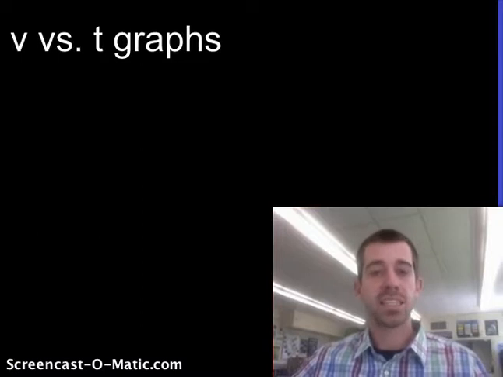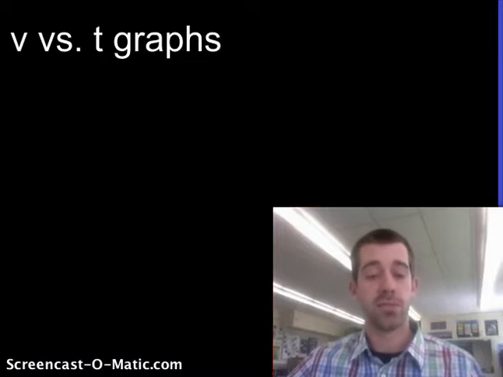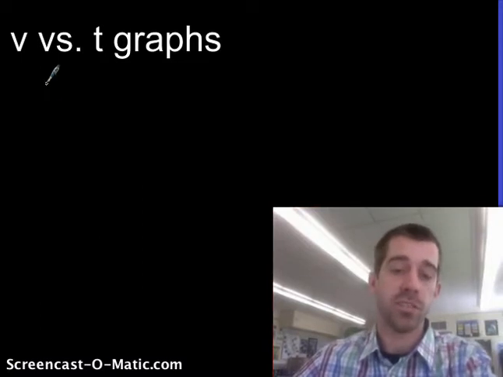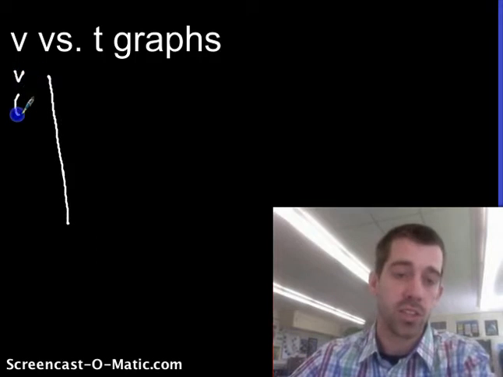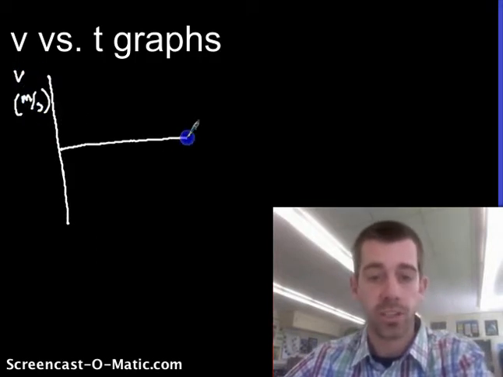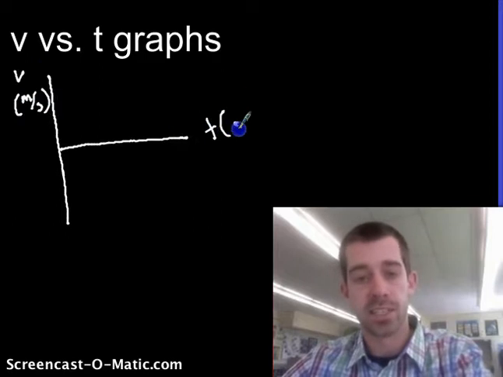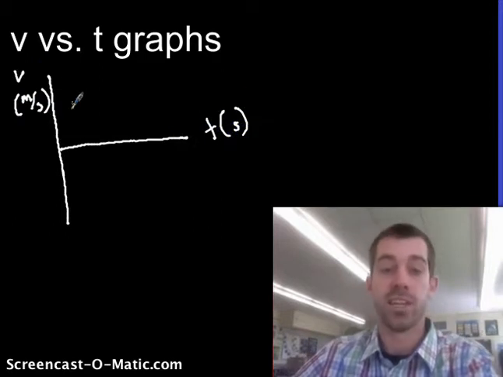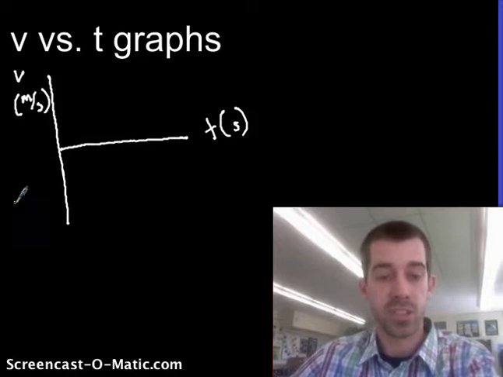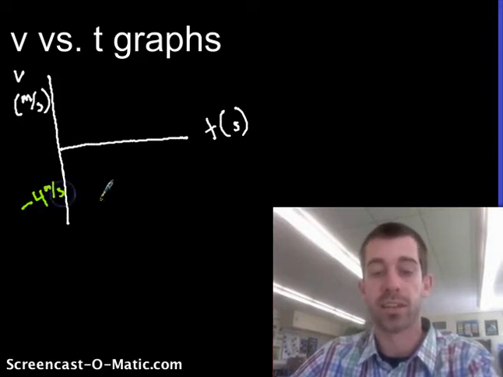All right, the next thing we need to be able to draw is velocity versus time graphs, and that's actually very simple. So when we draw a velocity versus time graph for constant velocity, the first and hardest thing to remember is that the velocity is constant. So if we're drawing a graph of constant velocity, let's say my velocity starts off as -4 meters per second.